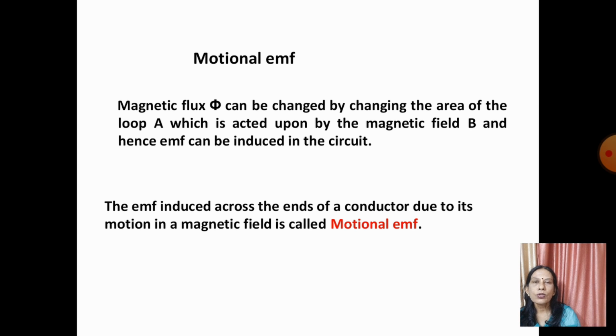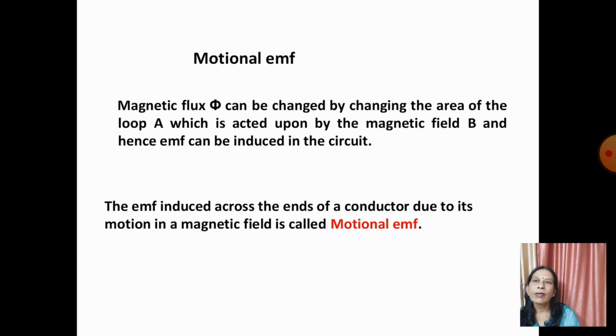Out of these three, here we will discuss the second one, changing the cross-sectional area. The EMF so produced is known as motional EMF. So now we will talk about the motional EMF.